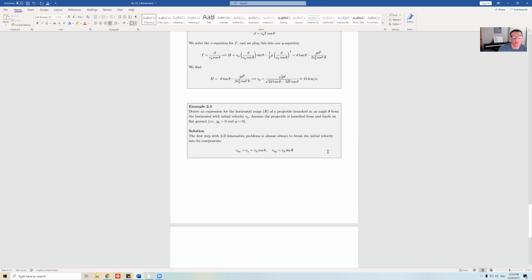Then, I would say that this is another strategic thing you can do if you're looking at a 2D kinematics problem and you don't really know what to do. In general, writing out the equation for the y position just seems to be useful in a lot of these problems.